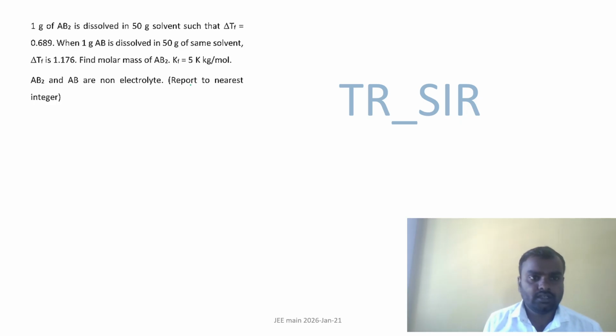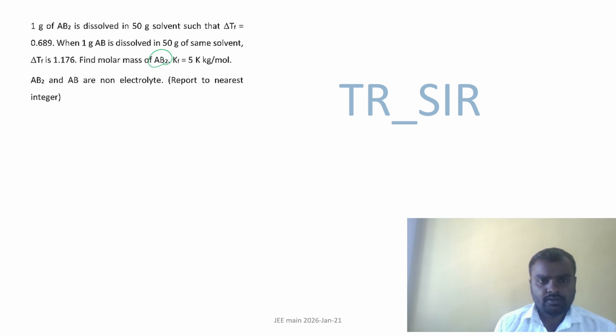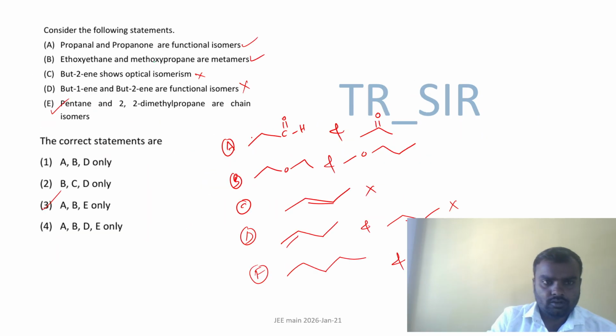Here, 1 gram of AB2 is dissolved in 50 gram of solvent. This is the delta of 0.689 they have given. I think we already solved this question, guys. They're asking what is the molar mass of AB2. Let me show how much we got.